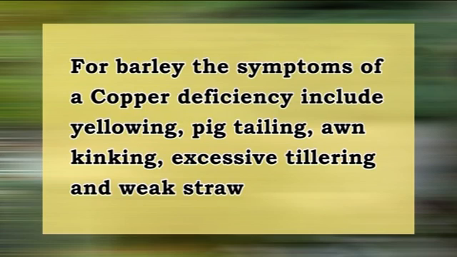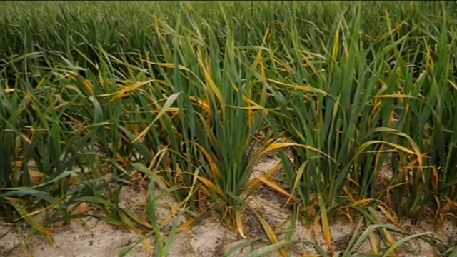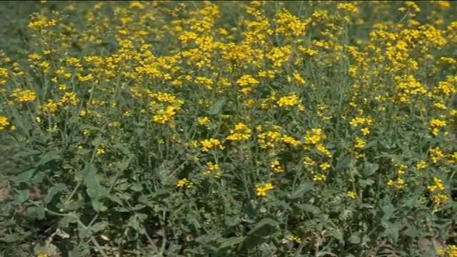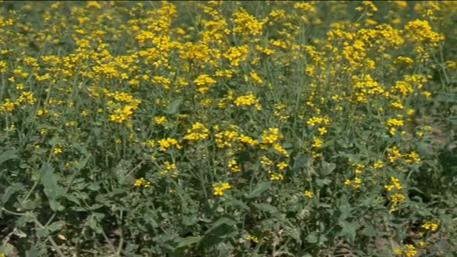For barley, the symptoms of a copper deficiency include yellowing, pigtailing, kinking, excessive tillering and weak straw. Oats will also show pigtailing. Copper deficiency symptoms have not been well documented for canola or alfalfa.